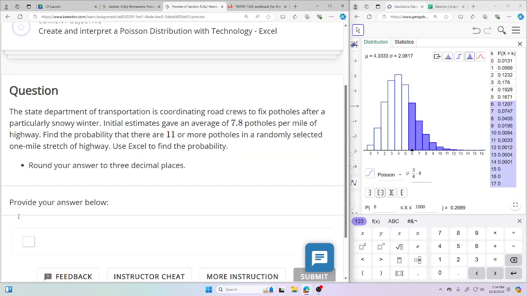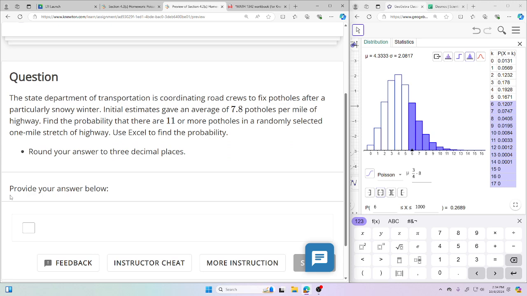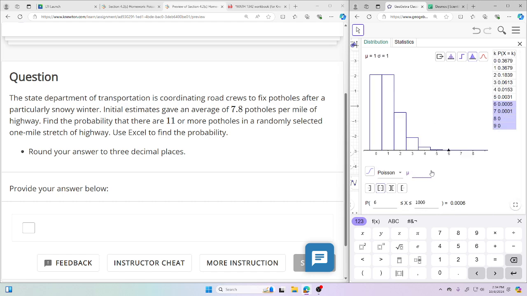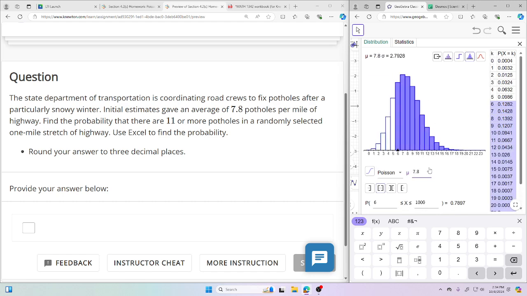All right. So State Department of the Transportation, blah blah blah. An average of this per mile, 11 more potholes. Use Excel. Okay, so I think that this is just like the other ones, but even easier. So we got 7.8, and they're saying 11 or more potholes.